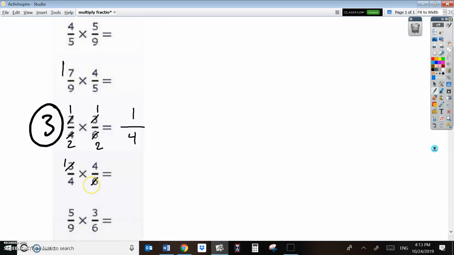And then cross off the 6, divide by 3, and you get 2. 4 divided by 4 is 1. 4 divided by 4 is 1. 1 times 1 is 1. 1 times 2 is 2. Remember, multiply the numerators, multiply the denominators, cross-cancel if you can. Num num, den den, cross-cancel if you can.